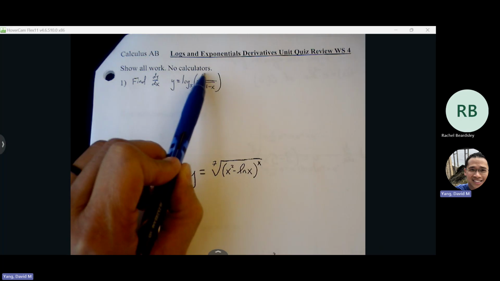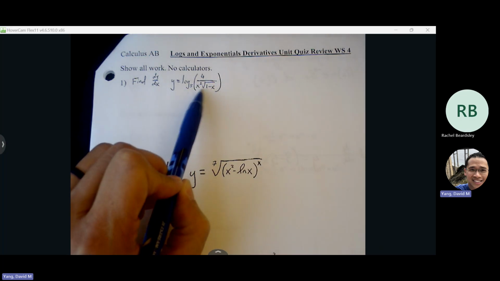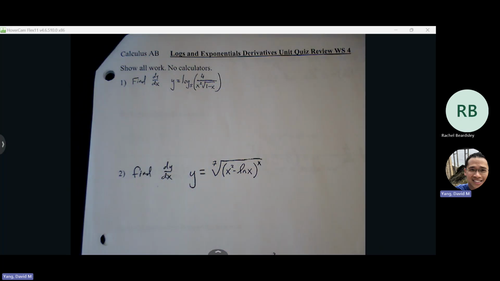Numerator will be part of a positive log. All the denominator can be separated as part of a negative log.